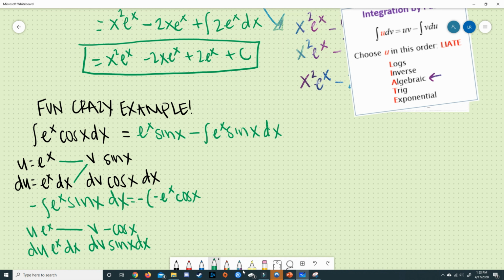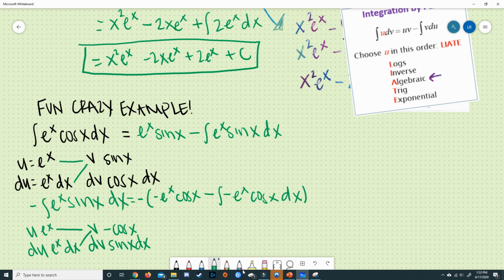So negative out front. So negative e to the x cosine of x, and then we'll multiply these together, and we get minus negative e to the x cosine of x dx. And then that's going to make a positive, right? So let's see this here.